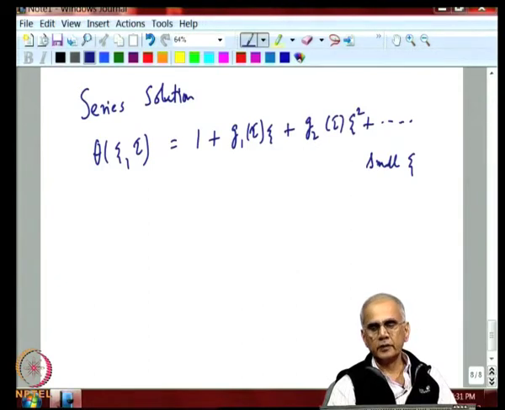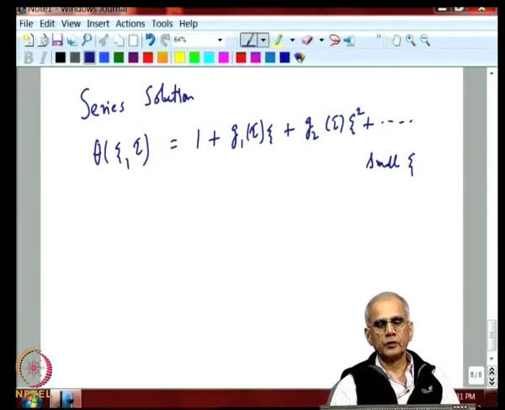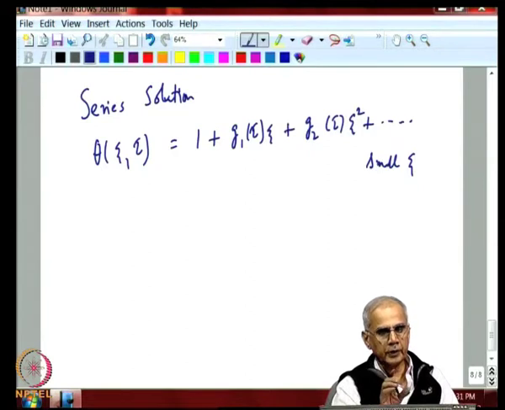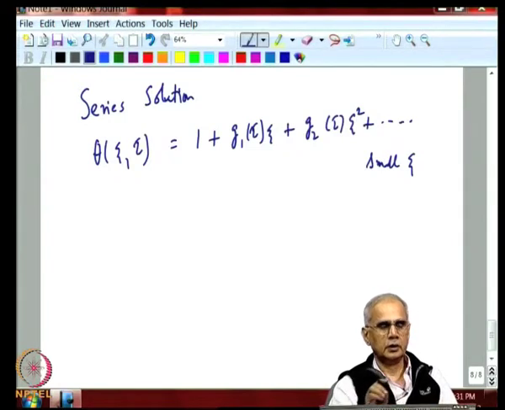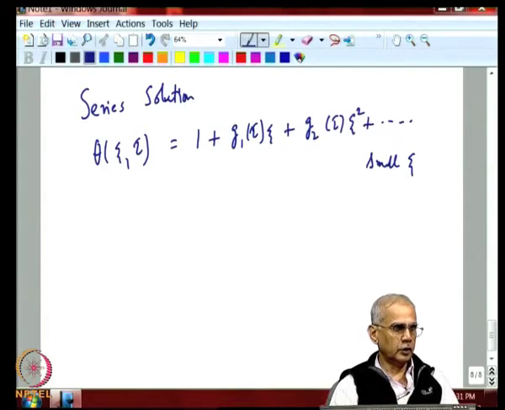Although you might think this is a very limited approach, you must remember that even if you were to solve this equation in the computer, you will have some difficulty close to the origin, because of some unusual behavior of these functions near the origin of this system.